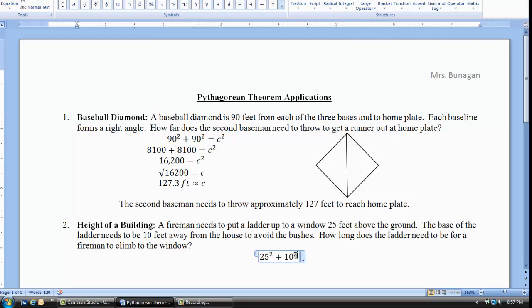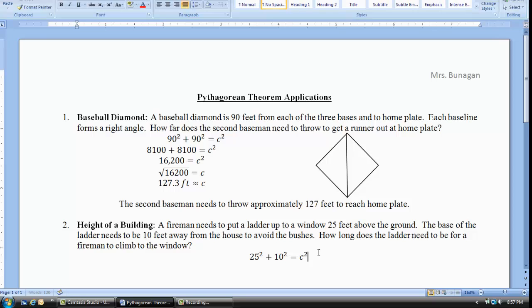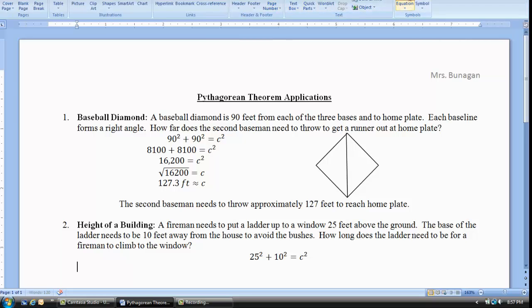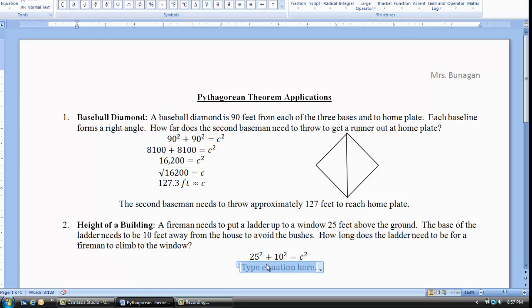Equals c squared. Insert another equation. 25 squared is 625 plus 10 squared, which is 100, equals c squared.